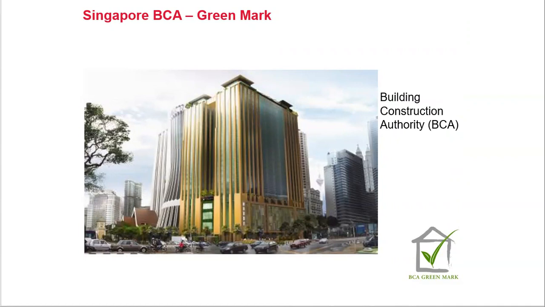They gained popularity in the region because it's specifically designed for the tropical climate. So that was a bit unique, which we don't have that much of in terms of climate considerations in the LEED certification system.